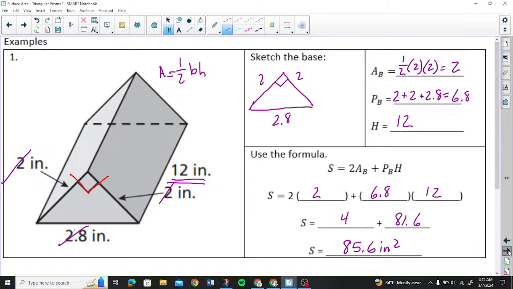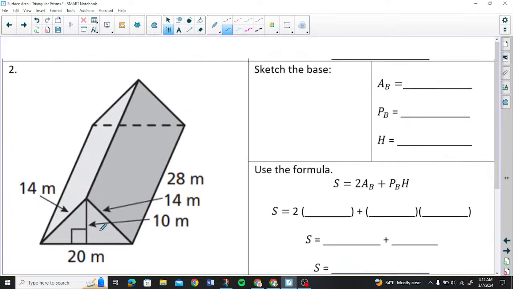Let me do one more for you. If we look here, this diagram looks a little bit more complicated, but it isn't. So let's look at the information we need for the area. The first thing I do is I look for this right angle box.